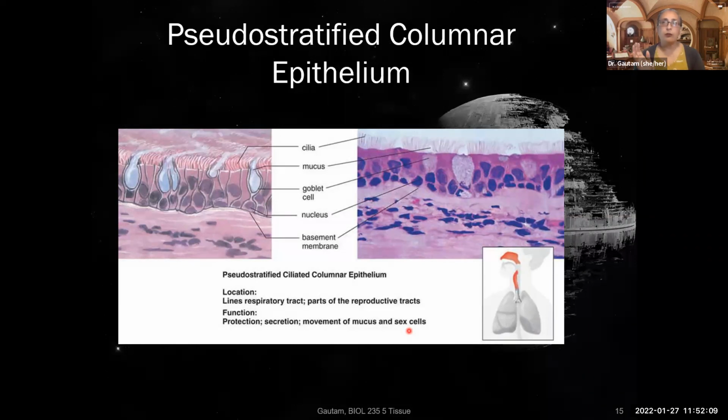You would find them in our trachea to move particles of dust and things out of the trachea and into the esophagus. So they line the respiratory tract and part of the reproductive tracts. And so these are the pseudostratified ciliated columnar epithelial cells.